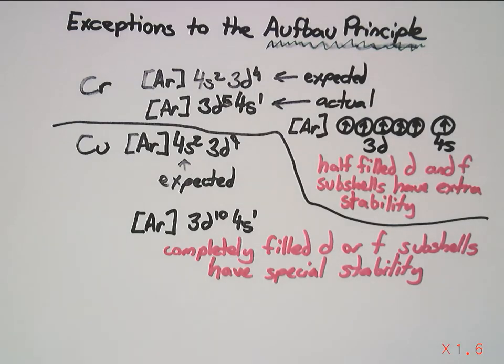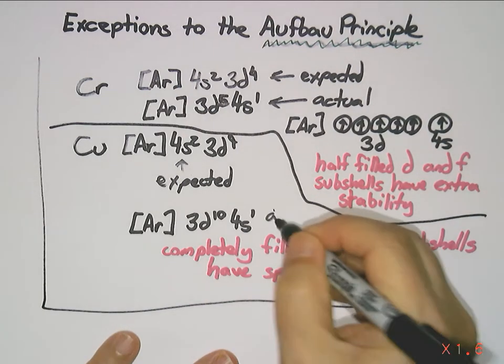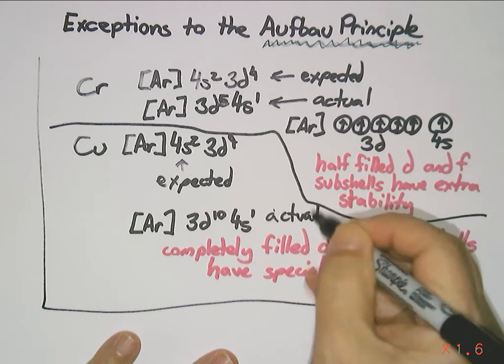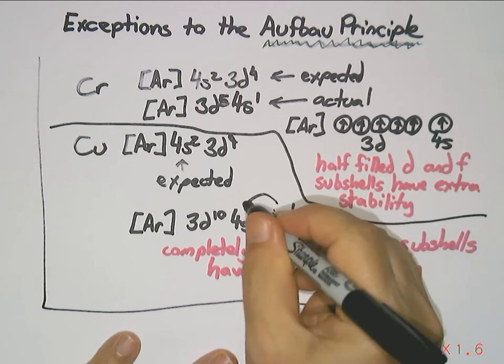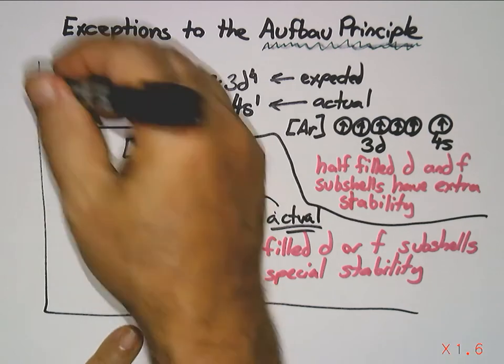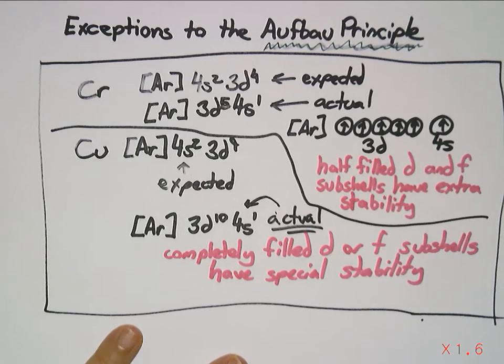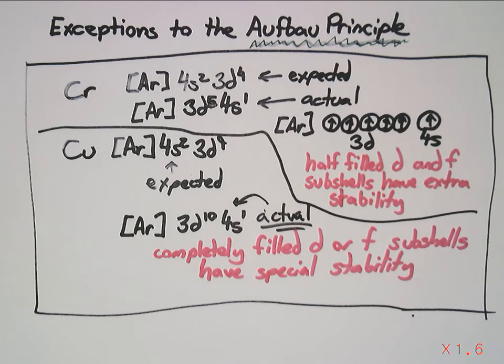So here are two exceptions. I'd like you to know both of these. This is the actual configuration that you have here. And how often should you worry about this? How many exceptions are there? Well, I've got them colored in on the picture that I'm showing you above this video.